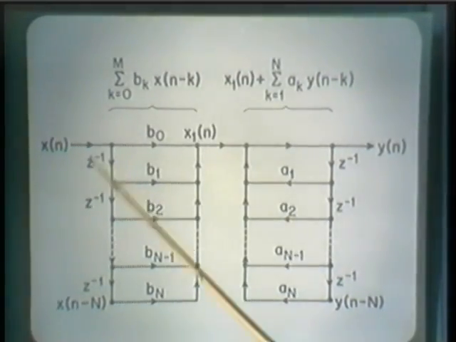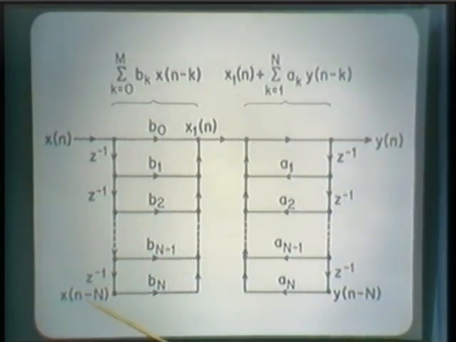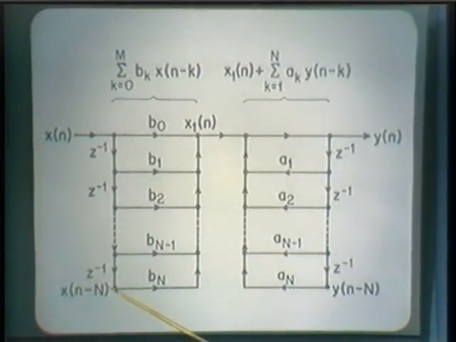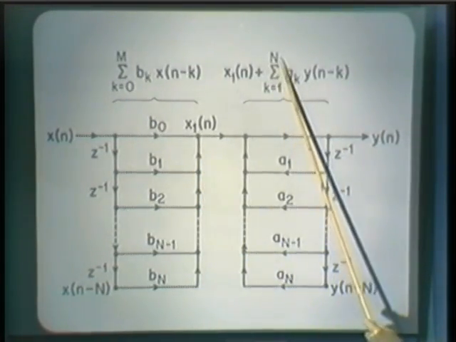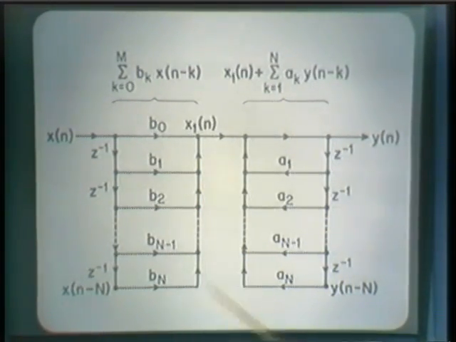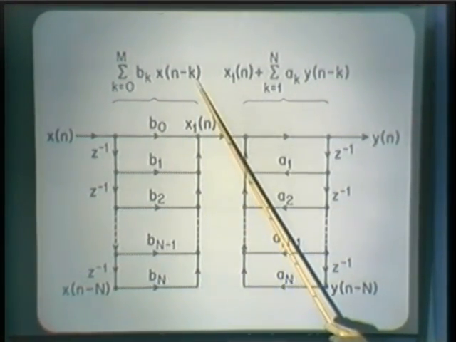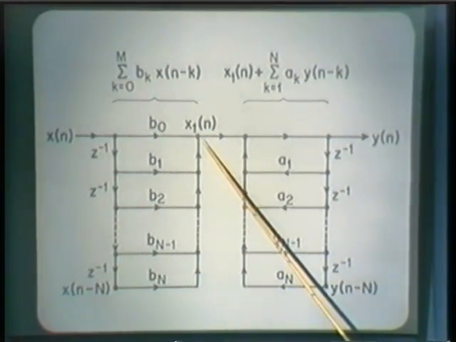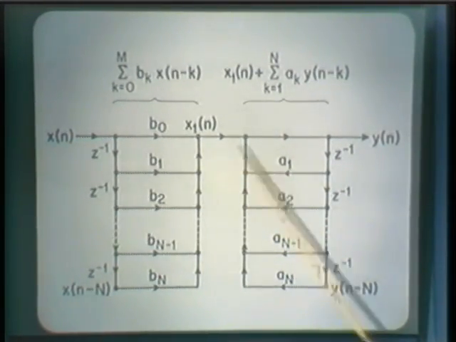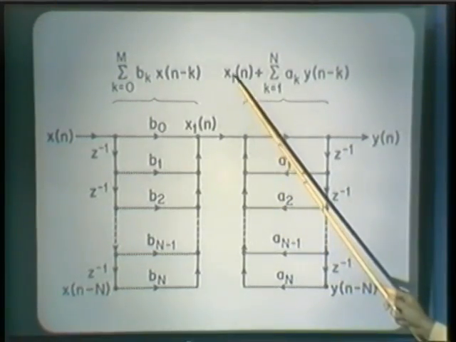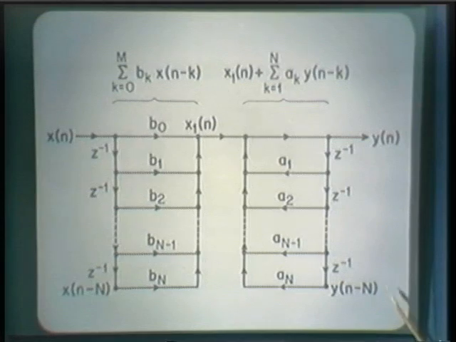So here is x of n minus 1, x of n minus 2, down through x of n minus capital N, where I'm assuming in drawing this that capital M is equal to capital N. This first block then implements this summation to form x1 of n, and then the second system, which this is cascaded with, has as an input x1 of n and added to it weighted delayed values of the output.